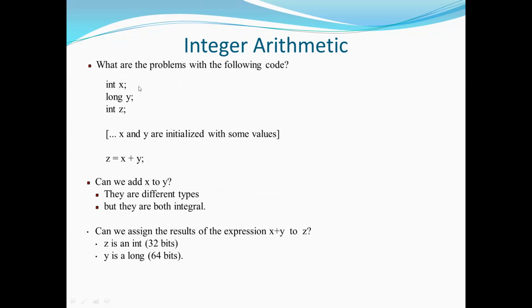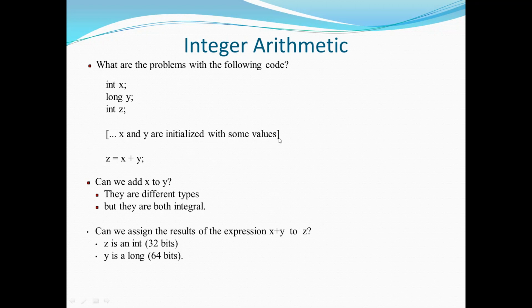Now let's see some coding and some arithmetic operations. We can define integer variables like this: int x, long y. This also contains an integer type of value, but the range will increase, and int z. x and y are initialized with some values.